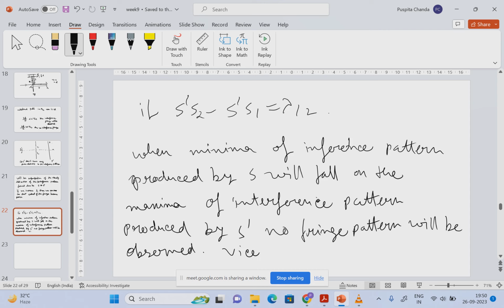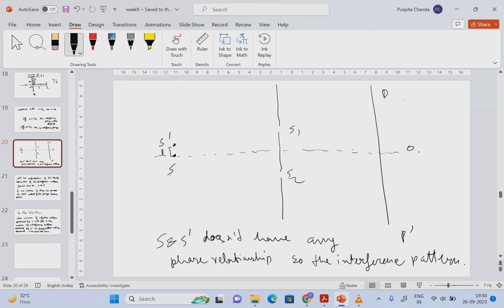Vice versa is also true. When the maxima of S fall on the minima of S dash, there will be no interference pattern. So this is S dash, this is S dash S1, and this is S dash S2. This is A1 and this is A2.